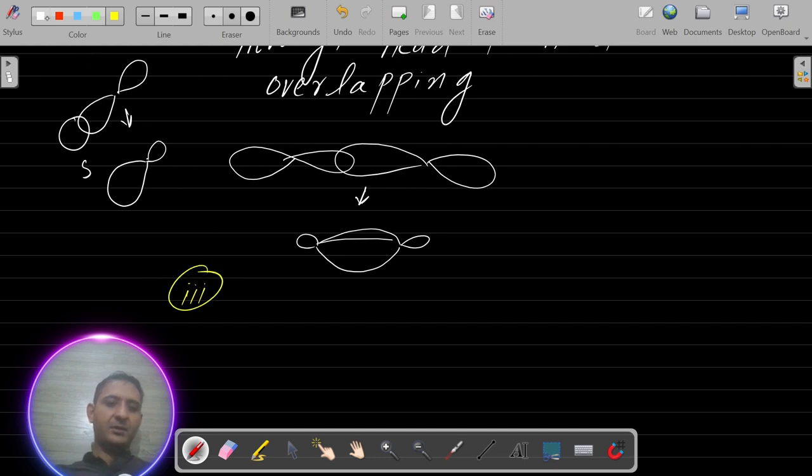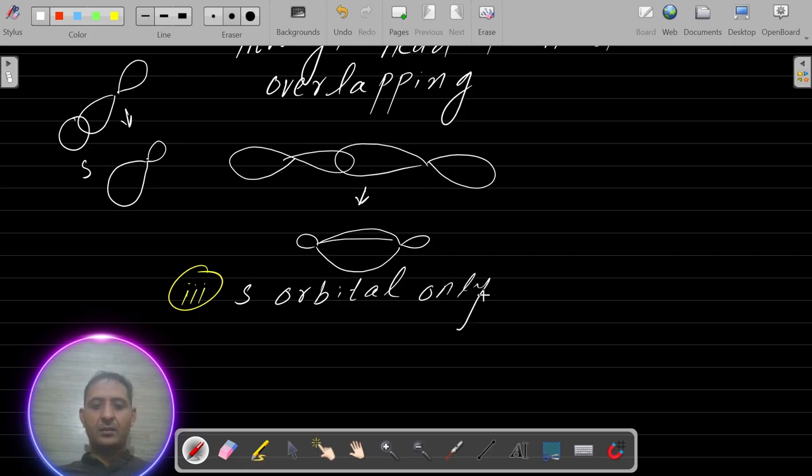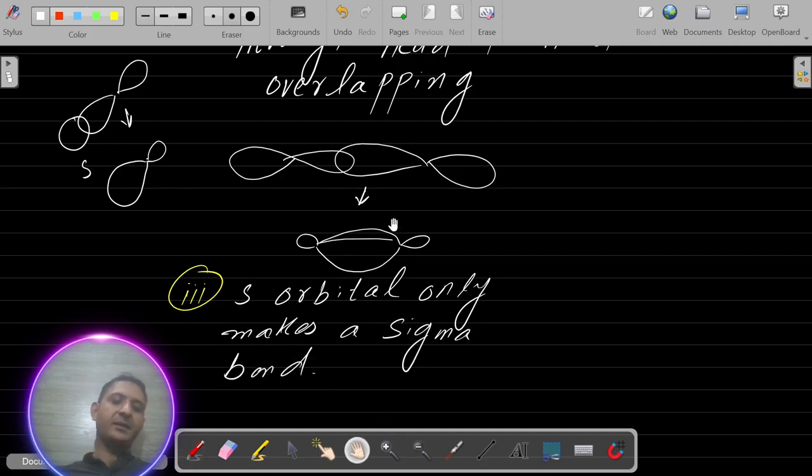S orbital only makes a sigma bond. Always makes a sigma bond. I hope you understand a little bit about sigma bond.